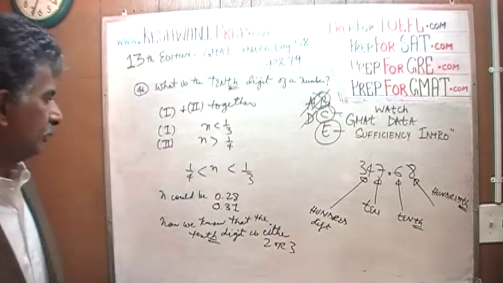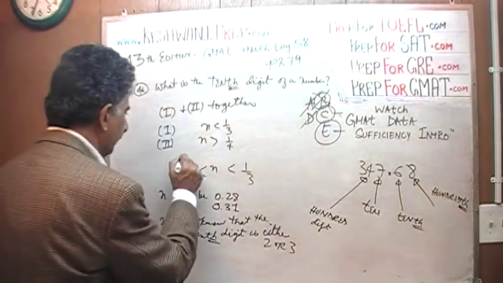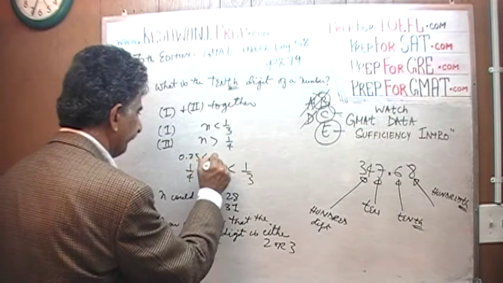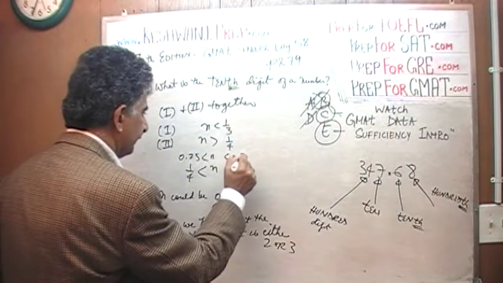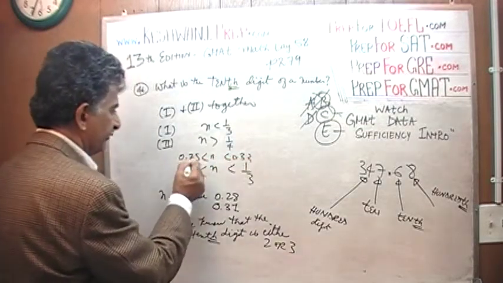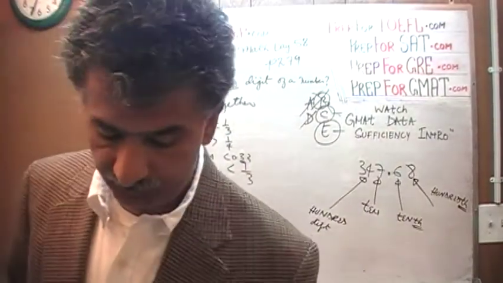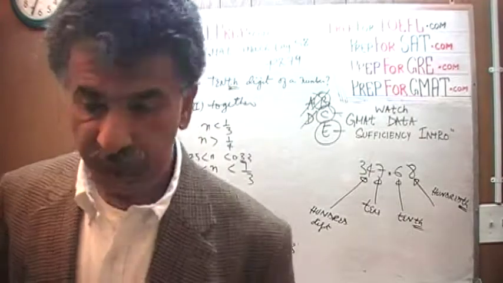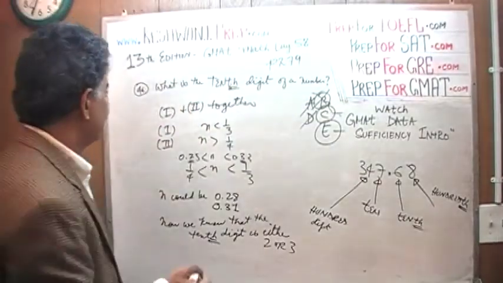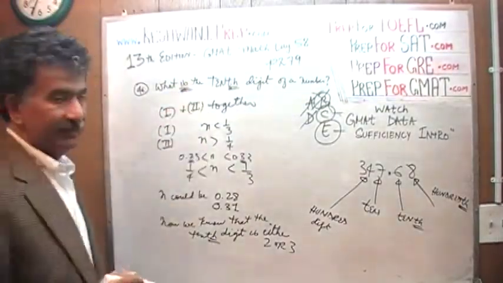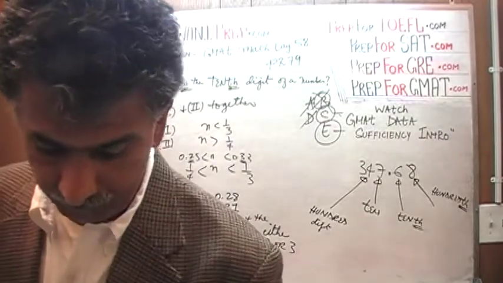It has to be either 2 or 3 because it falls between 0.25 and 0.33. But we don't know which one it is. Is it 2 or is it 3? And since they're asking exactly what the 10th digit is, how do we know? It could be 2 or 3.